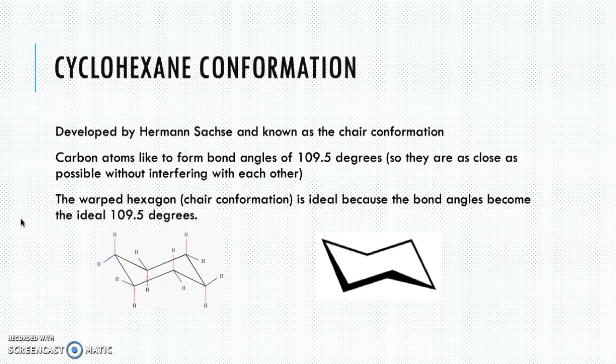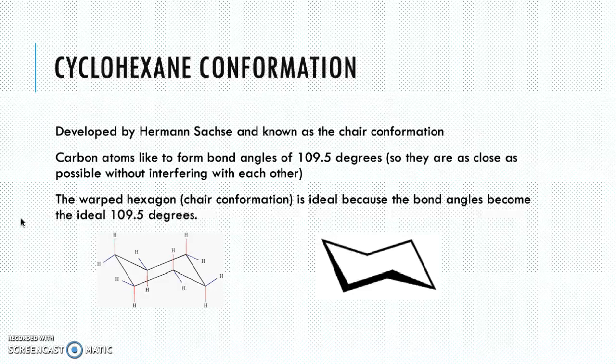The conformation that Hermann Sachse developed is called a chair conformation today, although we often draw cyclohexane as a flat hexagon. It isn't technically correct, but it seems easier and more understandable.